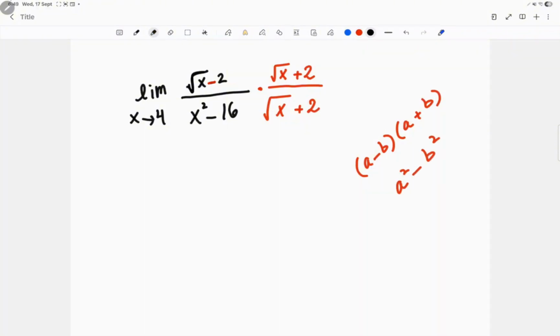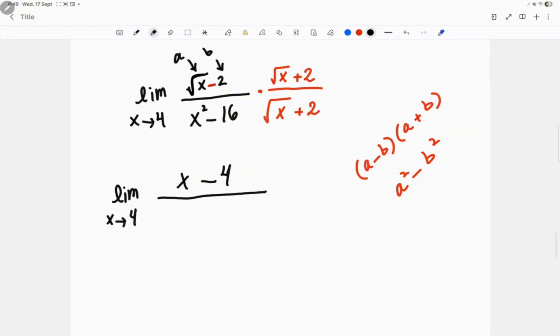Thank you. And so now I'm going to have limit of x approaching 4. So a squared, this is the a, and this is the b. So if a is root of x, a squared is going to be x minus. If b is 2, b squared is going to be 4 over x squared minus 16 times root of x plus 2.